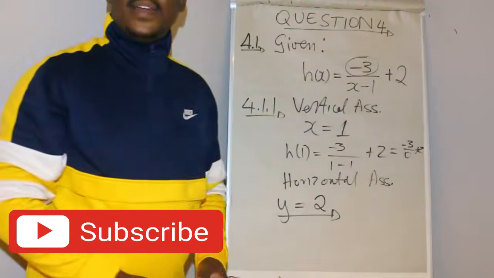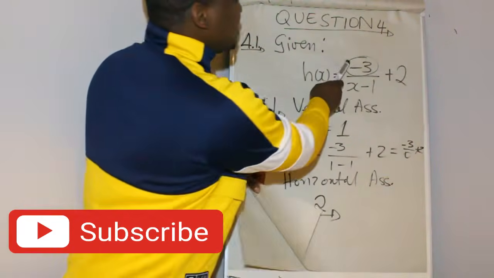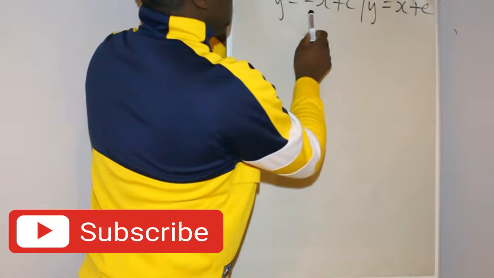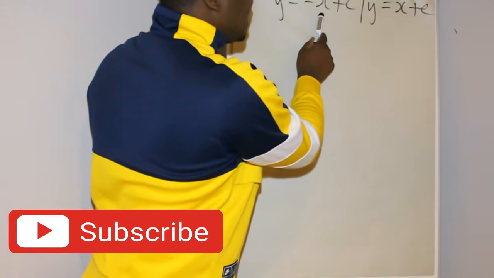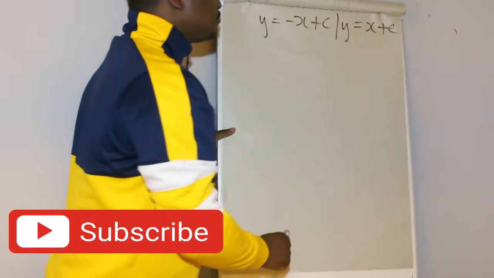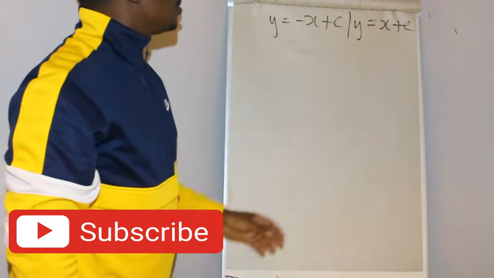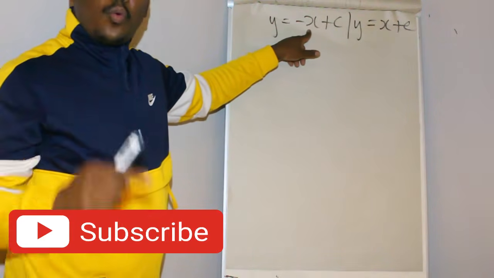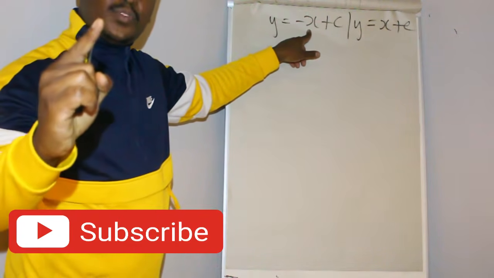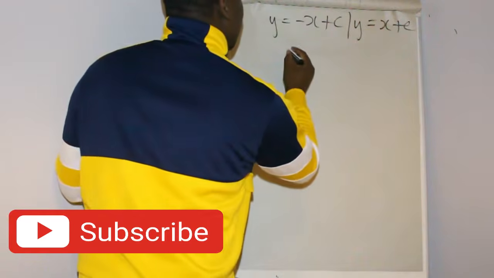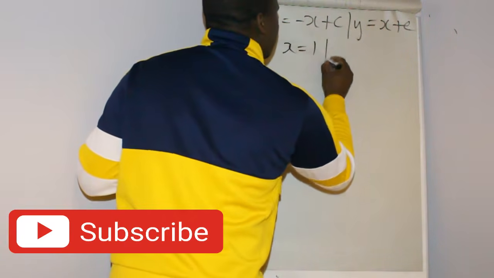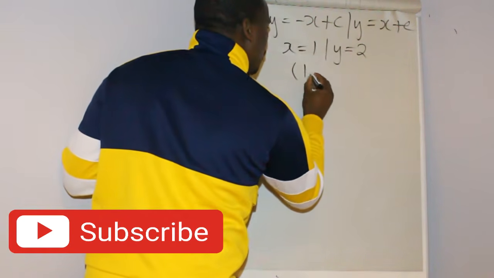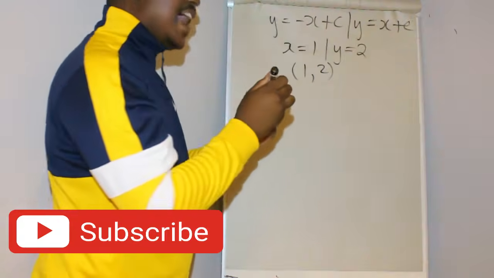Because in this case the graph is negative, we are going to calculate the line of symmetry using this equation here. So this line of symmetry passes through the point where your asymptotes meet. Your asymptotes were x is equal to 1 and y is equal to 2, so this line of symmetry passes through (1, 2).